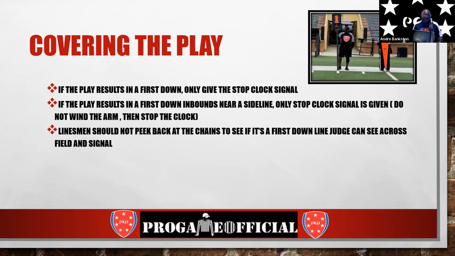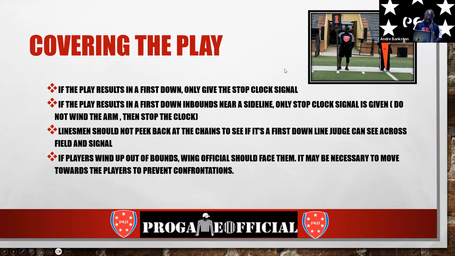If you're on the 35, either the 25 or the 45 is going to be a first down. You should already know that. So you should know if you're crossing that line, it's a first down. You don't have to look back. On top of that, our line judge can see directly across the field, and our line judge should be signaling stop the clock, first down, on every first down.